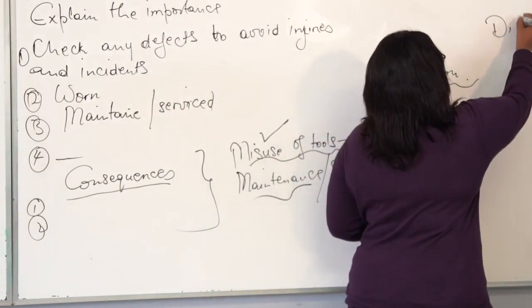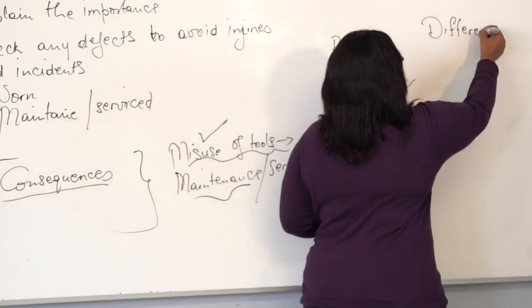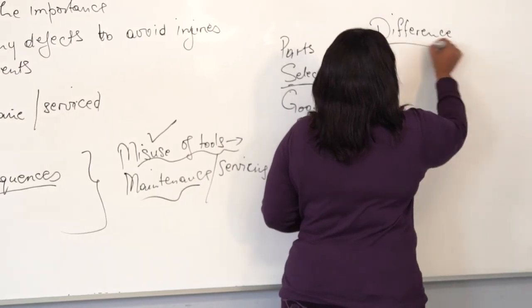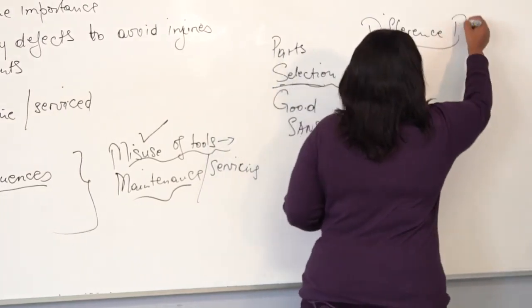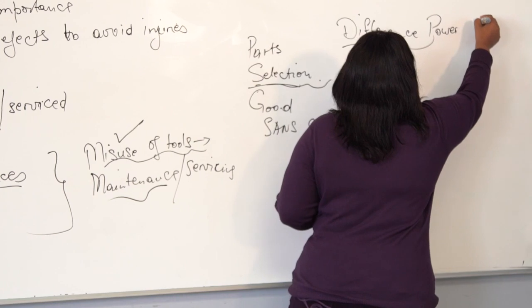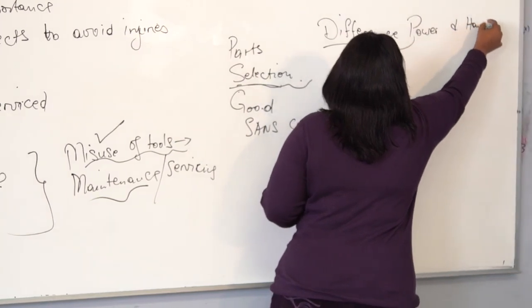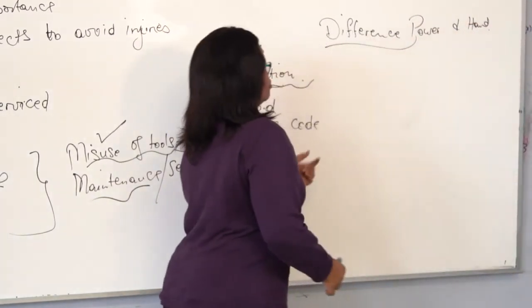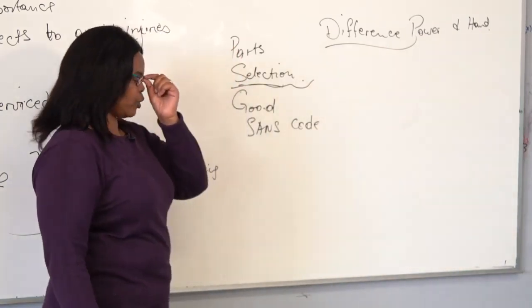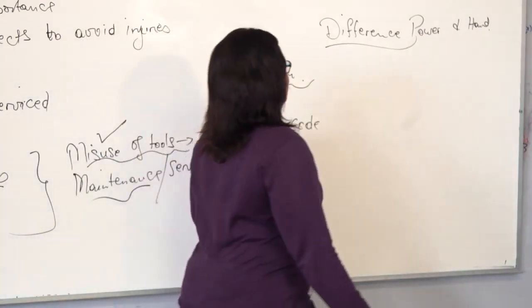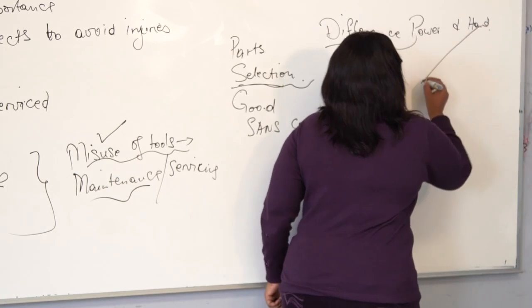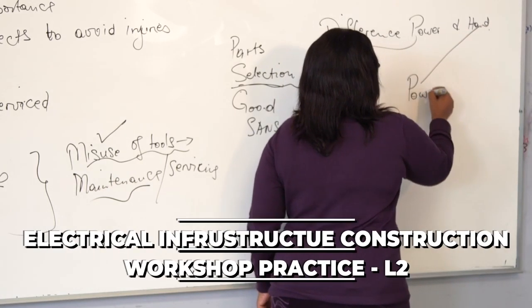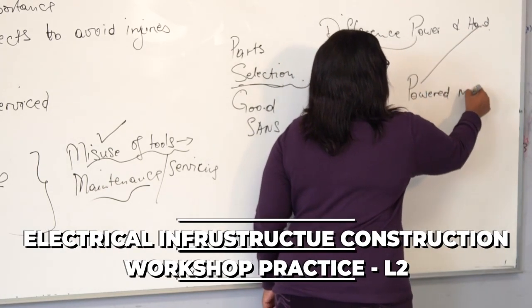Now, what is the difference between a power tool and a hand tool? I saw in a question paper asking the difference between the power tool and the hand tool. A hand tool is a tool that is powered manually.